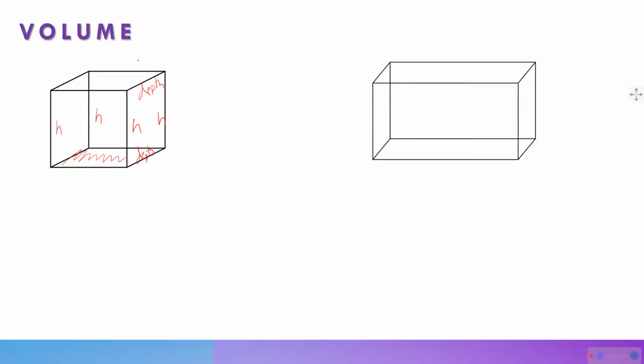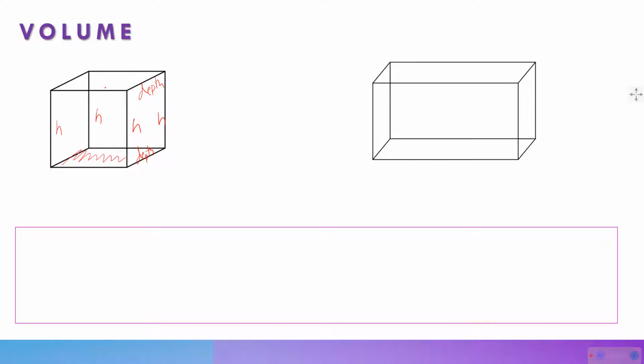We can calculate it by using the same units. We will say it takes this much breadth, this much length, and this much height. So 3 times the unit will come. If this is a cuboid, here also we know that the cuboid has its length here, its breadth here, which we can now call depth, and height over here. So how can we calculate the volume in such cases?